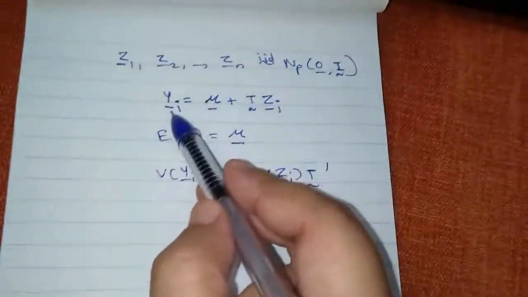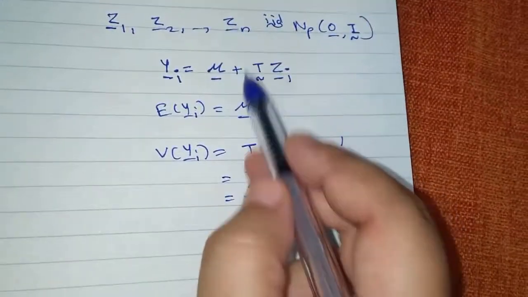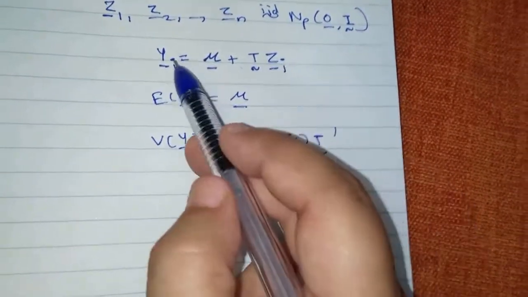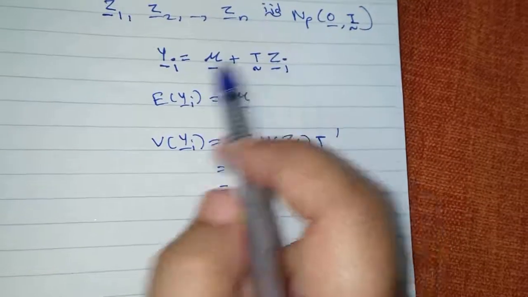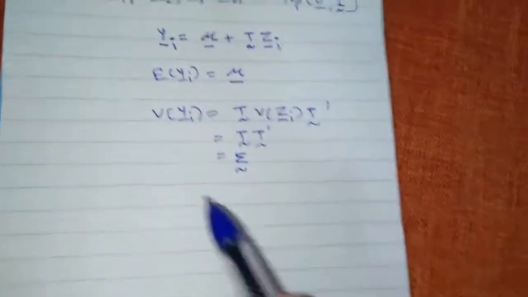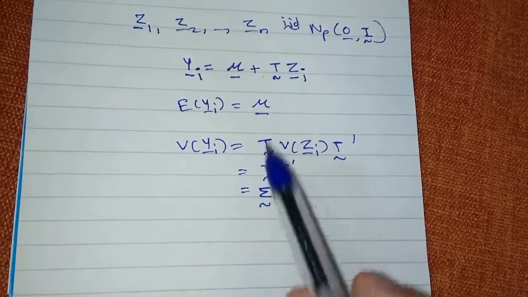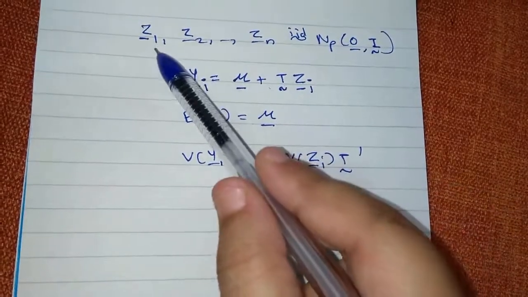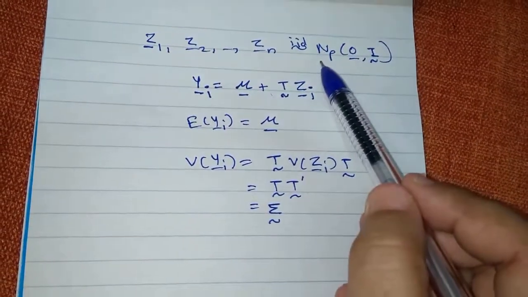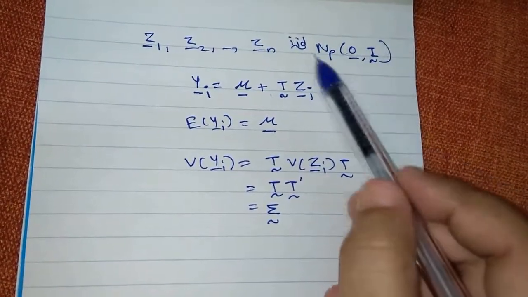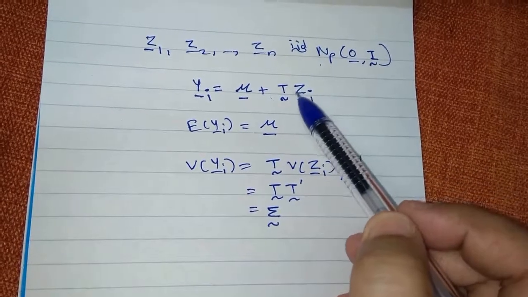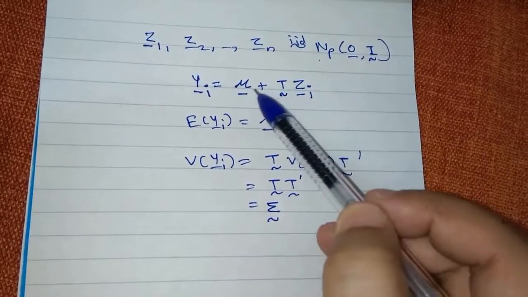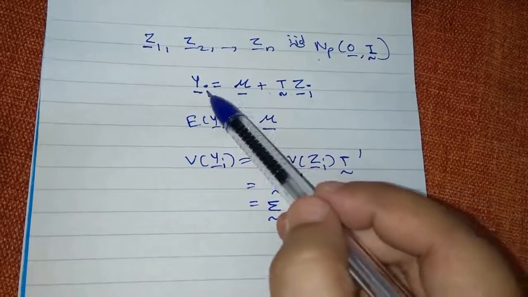And because this yi is defined as a linear function of zi, yi also has a normal distribution, because that is a property of the normal. So this is exactly how we are going to use this T. We are going to first get Z1, Z2, ..., Zn from the p-variate standard normal distribution and then transform those using mu and T to get yi.